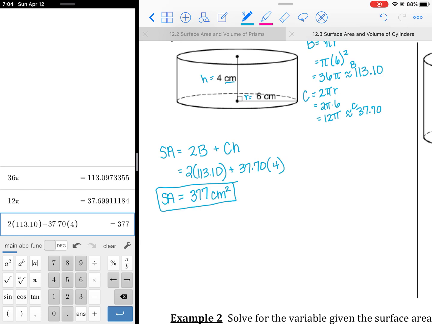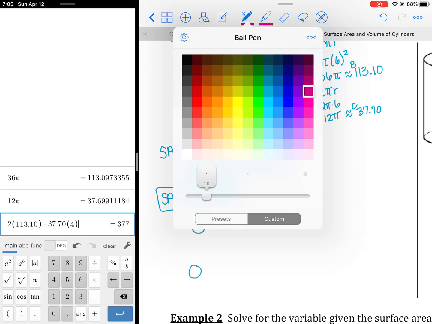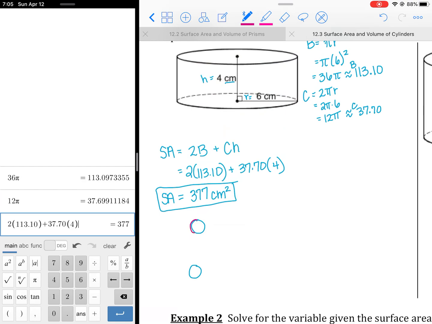For a cylinder, we have the two circular bases, and then there's this part that wraps around it. So what we're doing is unwrapping this circle here. We're taking it around the edges and peeling it back. Whenever I do that, it lays out flat and creates a big rectangle.